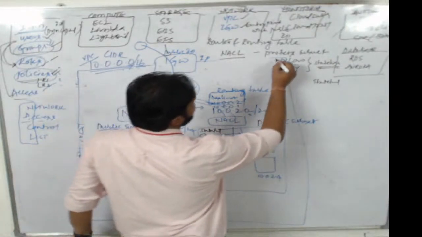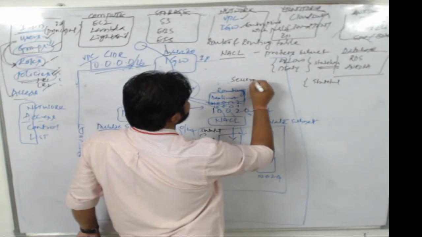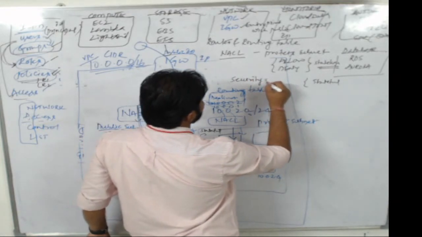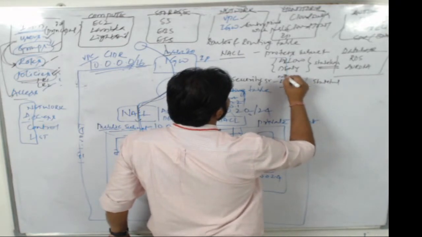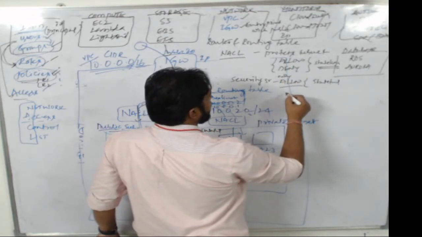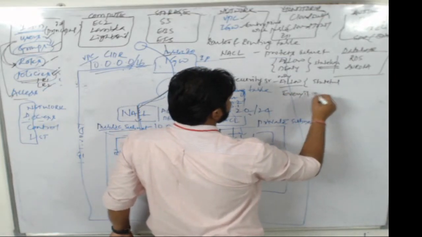Now we are saying allow and deny here, right? Now for security groups, only allow. Means you can define only allow rules. Everything is denied by default.